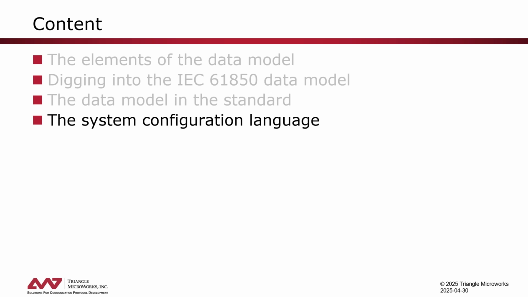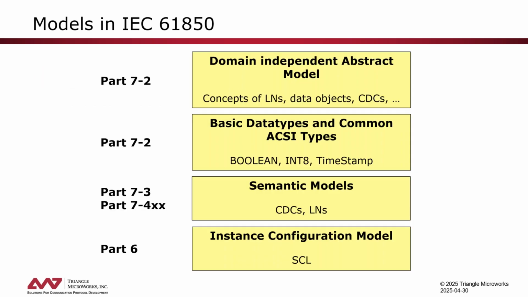Okay, so to close out that webinar, we will now discuss a little bit about the system configuration language of 61850 with a focus on what we just discussed on the data model. What we have discussed so far was basically what is defined in part 7, which defines the structure, how we can transmit values from the system over the communication, how we can model them.